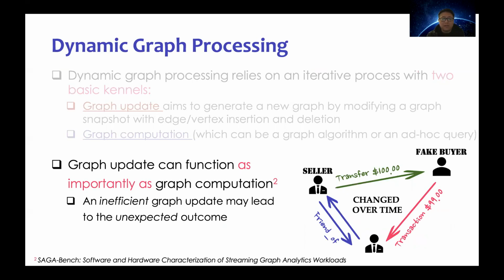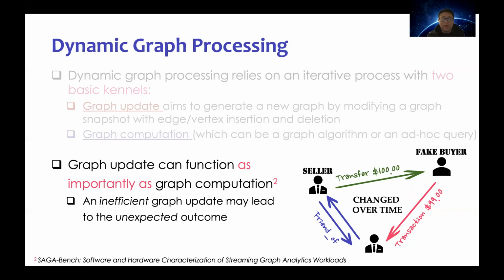Previous studies show that graph update can function as importantly as graph computation. An inefficient graph update may lead to an unexpected outcome.